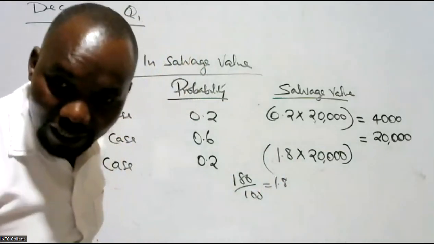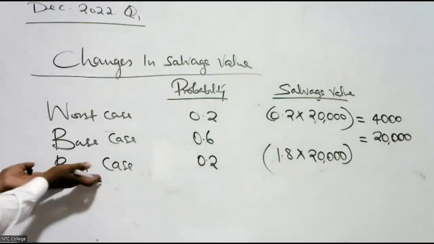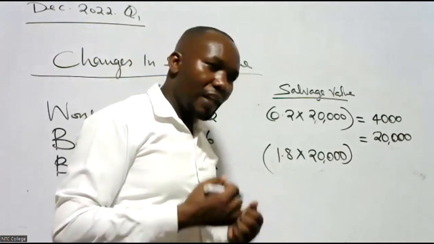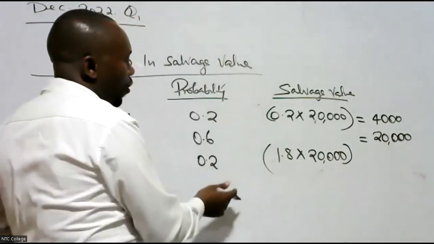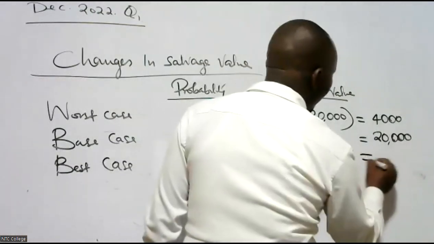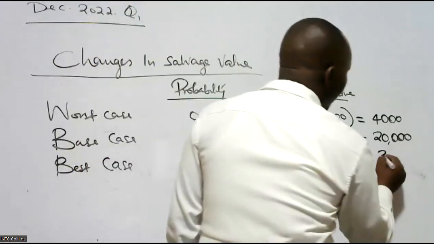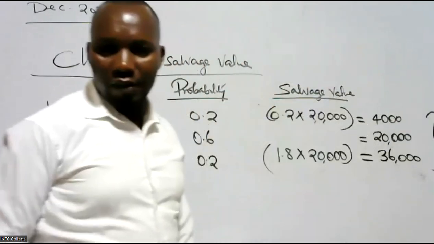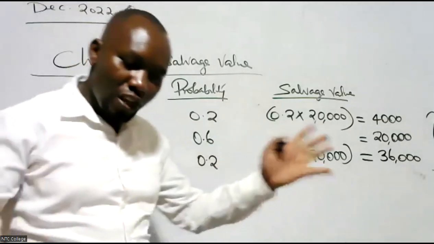Now it has increased. So that is a very good scenario. It is the best because the salvage value is an income or cash inflow, so it is positive when it goes up. Therefore, when you multiply this, you get 36,000. These are the new salvage values after the sensitivity change.